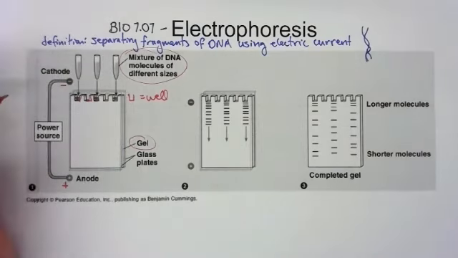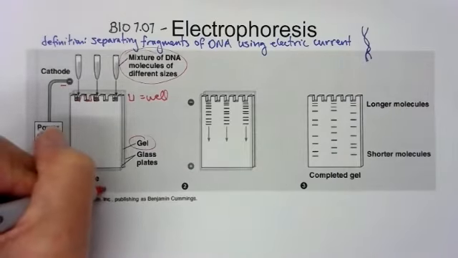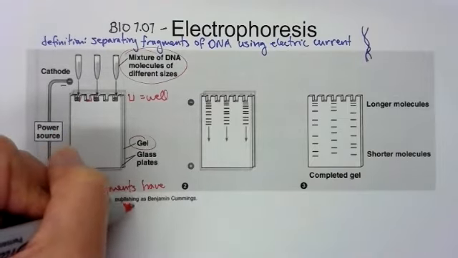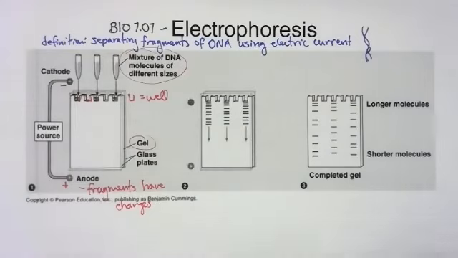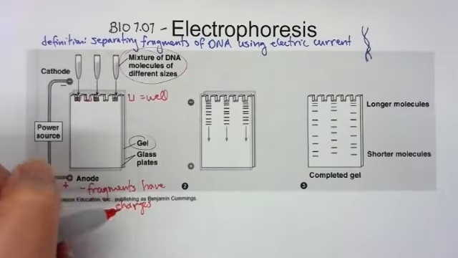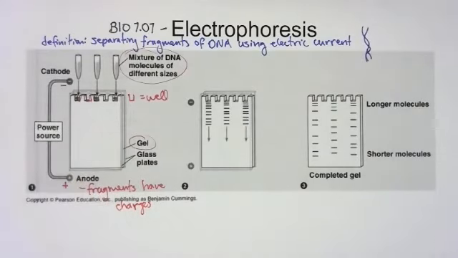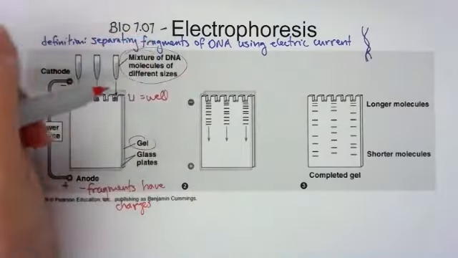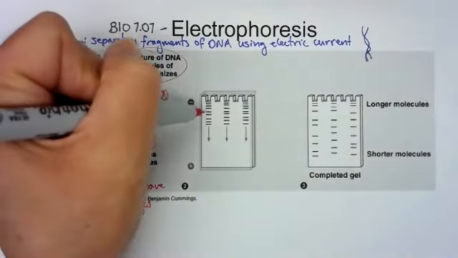These fragments have charges on them, because there are spots on the DNA fragments that have positive and negative charges. And they also have sizes. So using the size and using the charge, these begin to separate. What you saw here was the mixture, and now you're beginning to get separation.